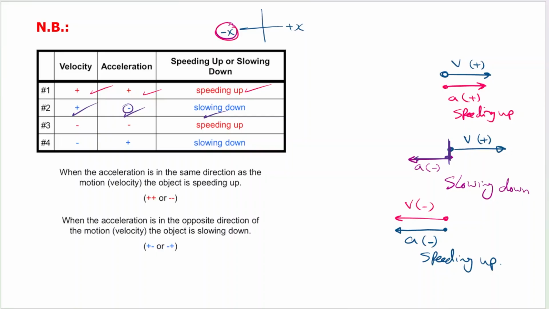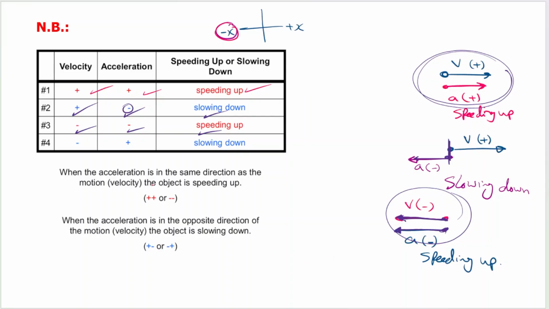The object speeds up because you are giving the object extra force in the same direction of its motion. This object was moving to the left, and you are giving the object extra force to the left, so it will speed up in the left direction. Can you see? So if the direction of acceleration and velocity is the same, whether both are positive or negative, the object will speed up.